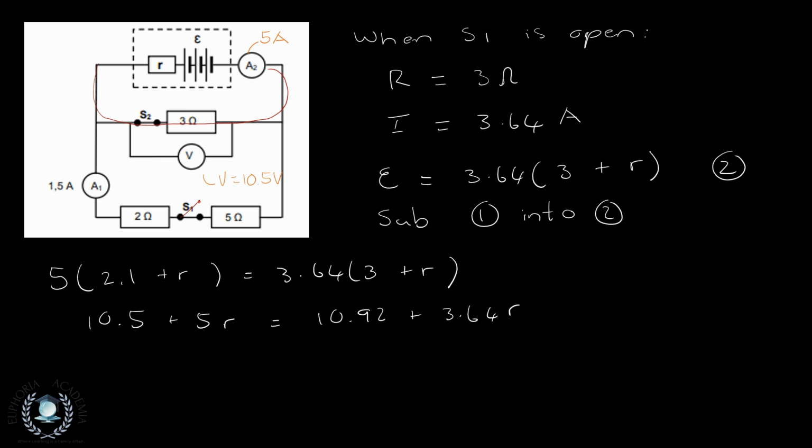Now we're going to find that our internal resistance is going to give us a value of 0.31 ohms.